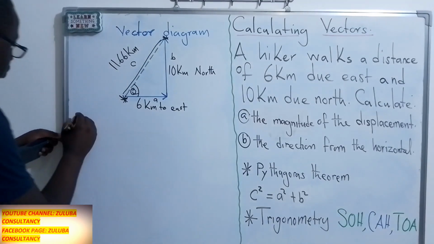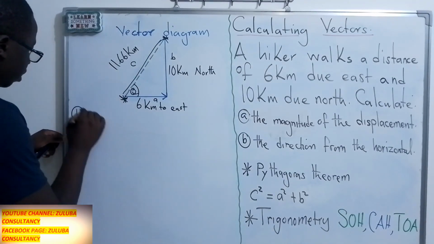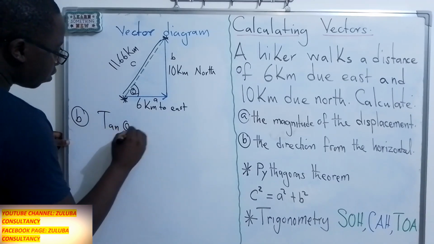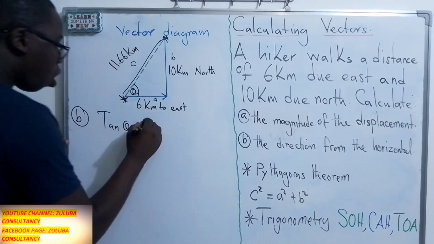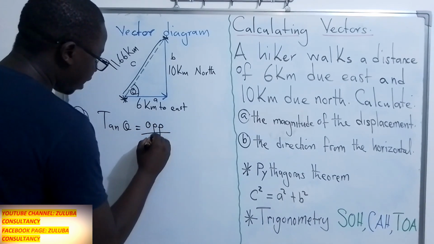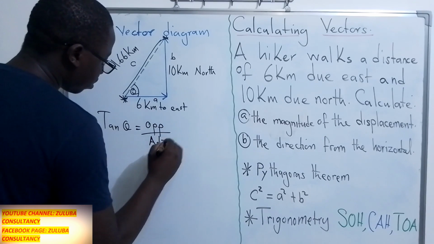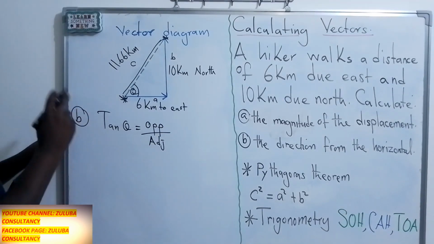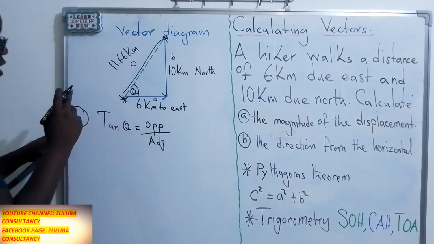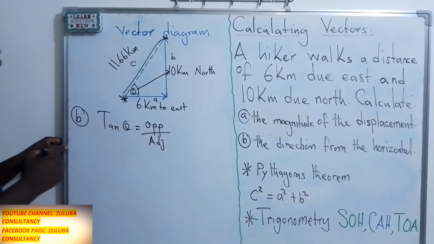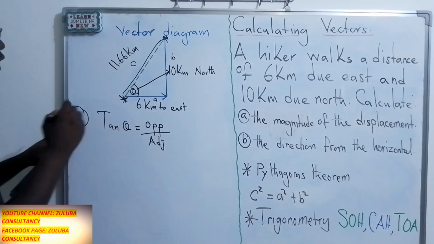According to the tan rule, tan theta is equal to opposite divided by adjacent. Now, the opposite is the displacement made, which is in this direction to the angle theta.